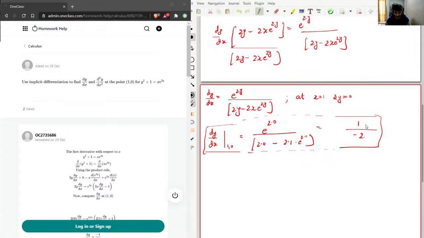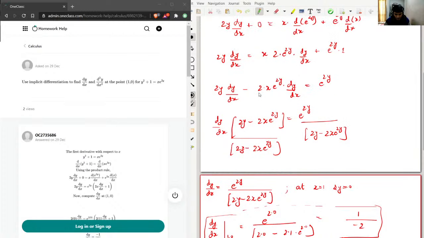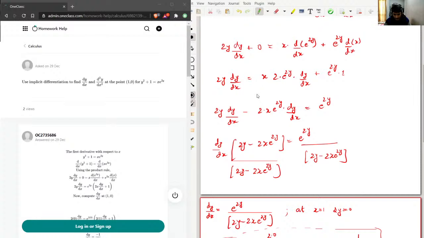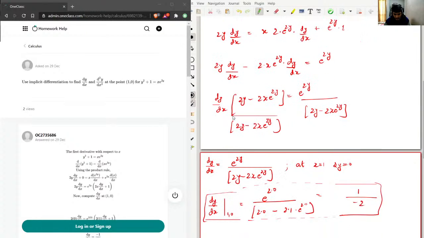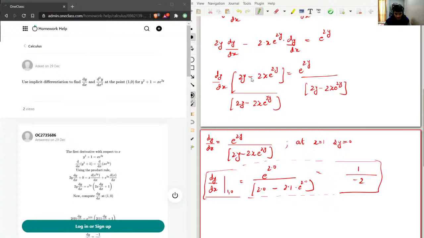We'll be using this value in later steps. So we have completed half of the problem. Now I'll continue with this equation. So I'll just rewrite this 2y.